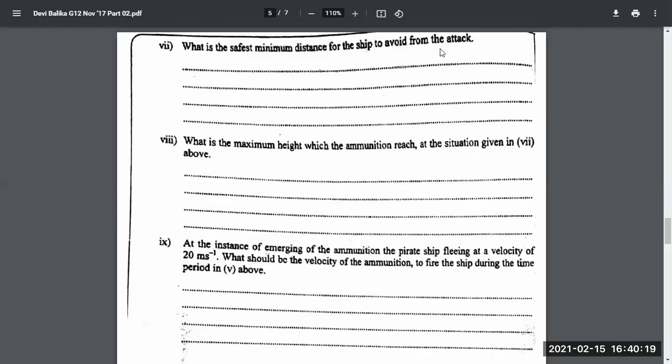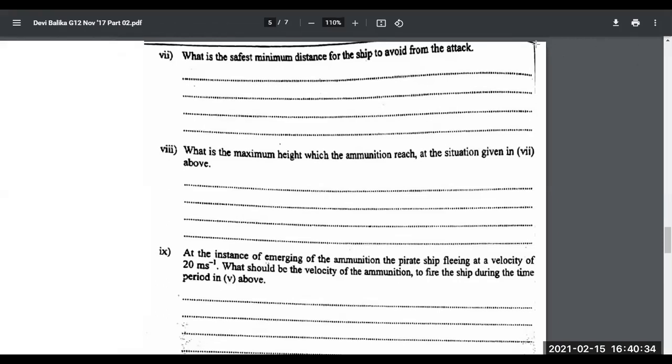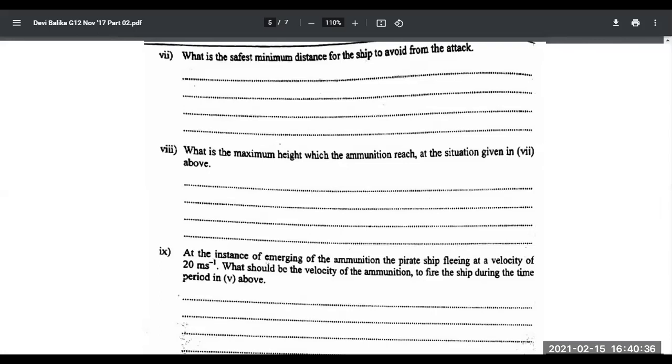Next question: what is the safest minimum distance for the ship to avoid the attack? Now, talking about this question, we have to check the maximum range to which the cannon can fire the ammunition. So, can someone tell me when do we get the maximum range?